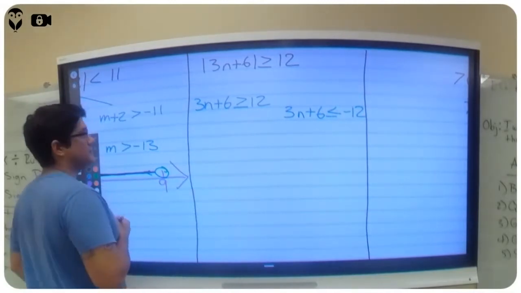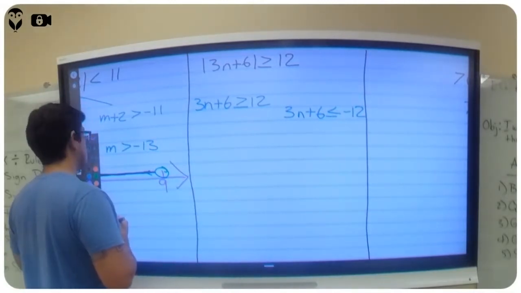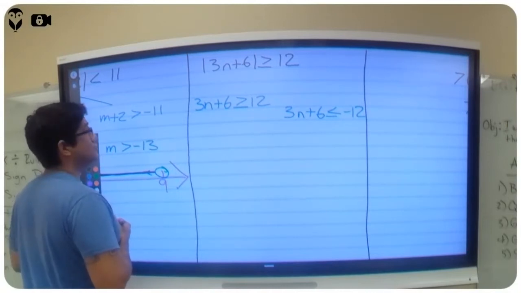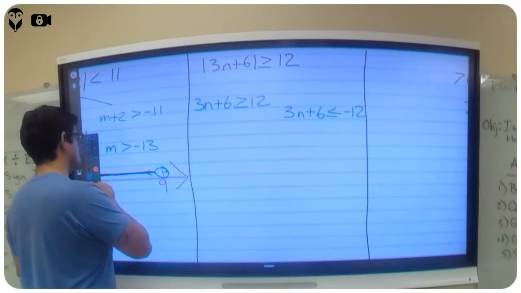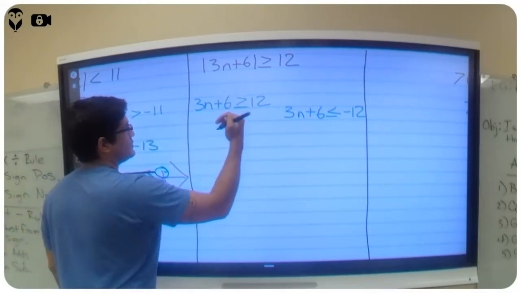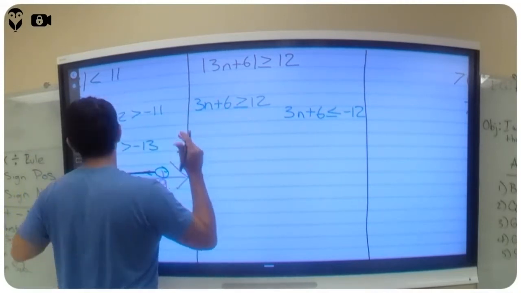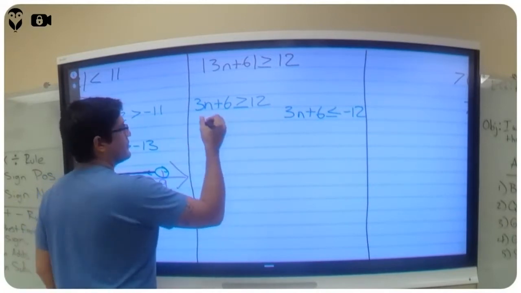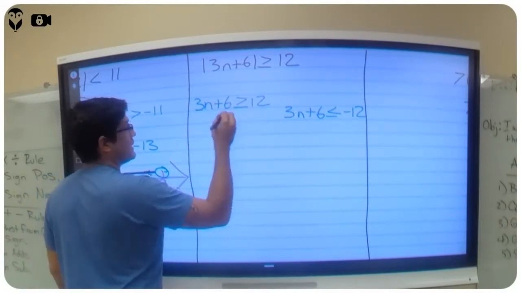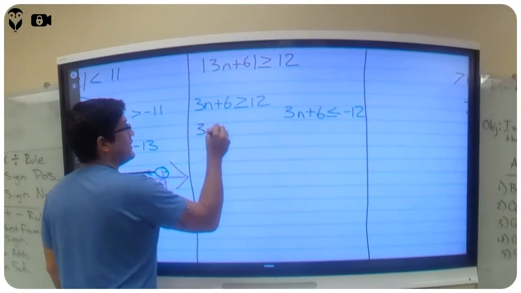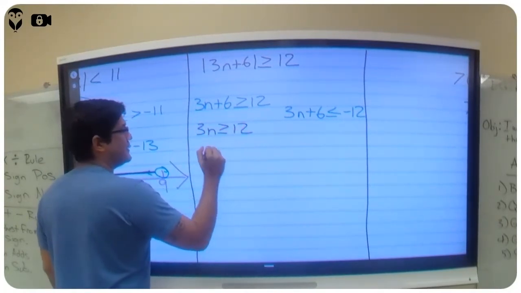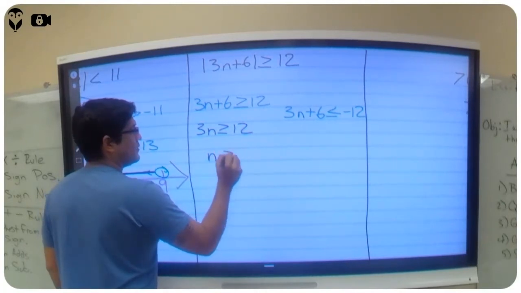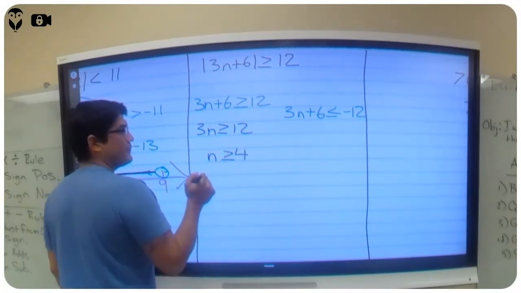Let's go with blue to finish this up. We're going to do this equation first: subtract 6 from both sides. 3n is greater than or equal to 12. Divide by 3 on both sides. N is greater than or equal to 4.